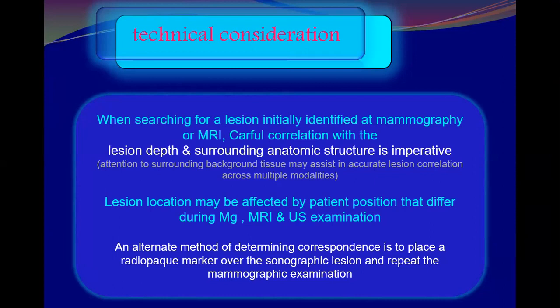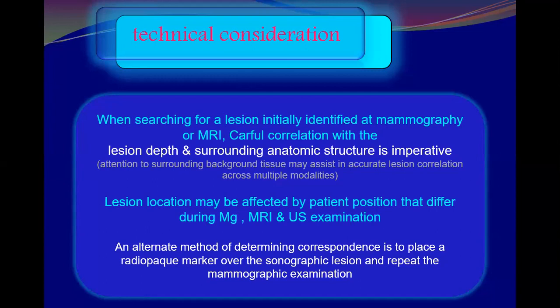Meaning if I have seen a lesion at 10 o'clock on mammography and I see it at 12 o'clock, or at 8 o'clock on ultrasound, I will not be surprised. It's expected. Lesion mobility between different techniques is expected. Why? Because different patient positioning between different modalities occurs.